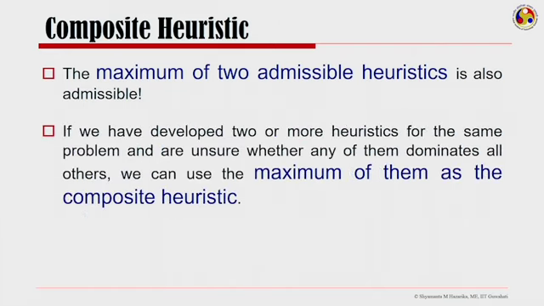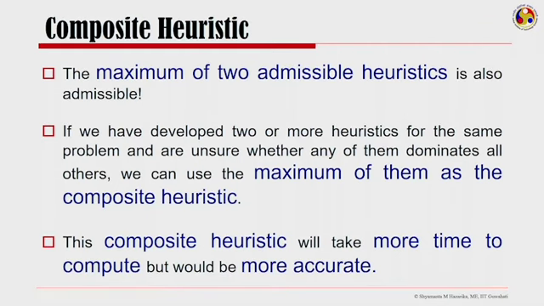Going by that, if we develop two or more heuristics for the same problem and we are unsure whether any of them dominates all others, we can use the maximum of them as the composite heuristic. This composite heuristic will take more time to compute, but would be more accurate. This is what makes composite heuristics interesting.